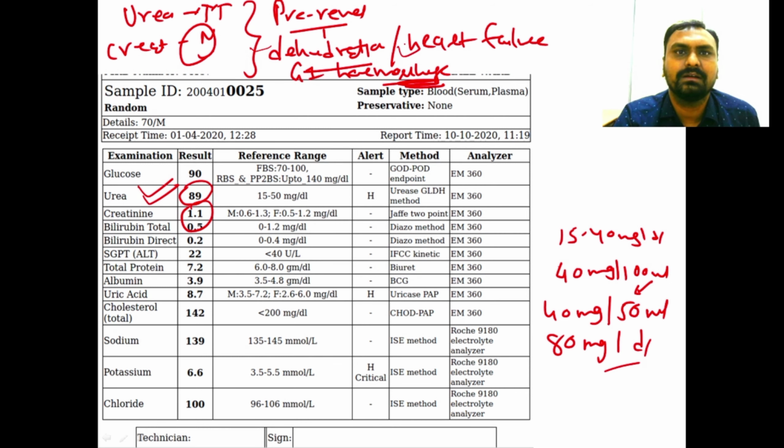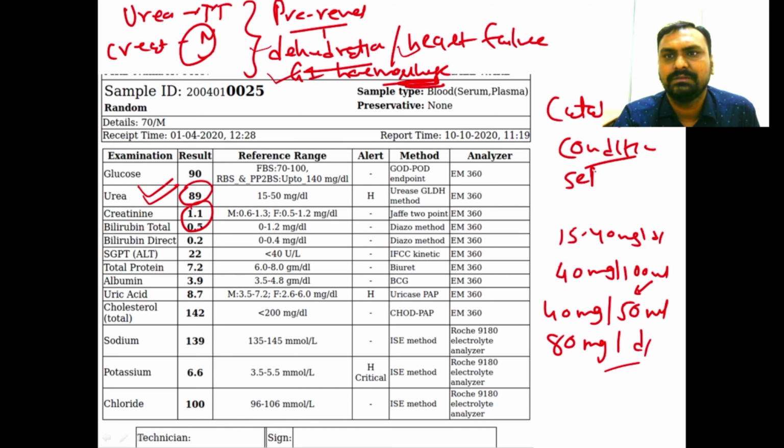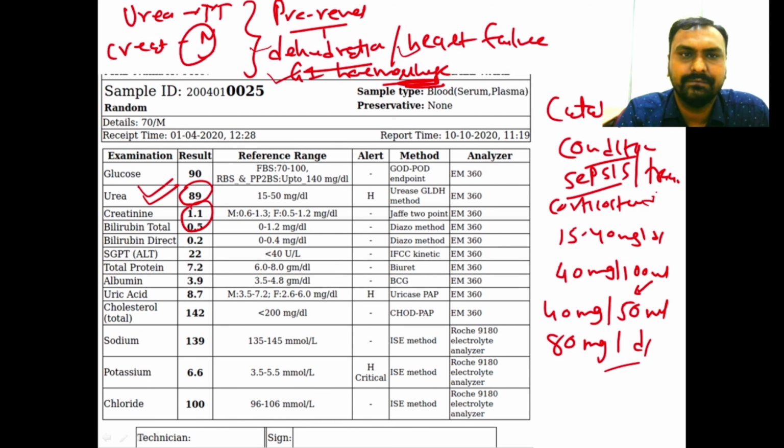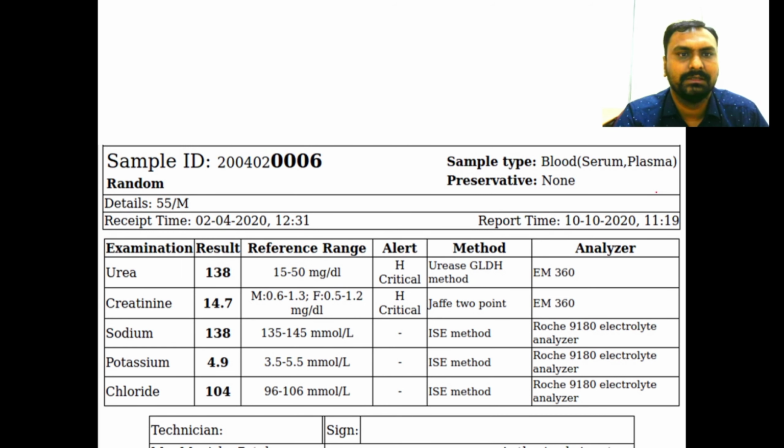Heart failure, GI hemorrhage, or all catabolic conditions like sepsis, trauma, or a patient taking corticosteroid. In all these conditions, the urea level is increased, but creatinine level is normal.